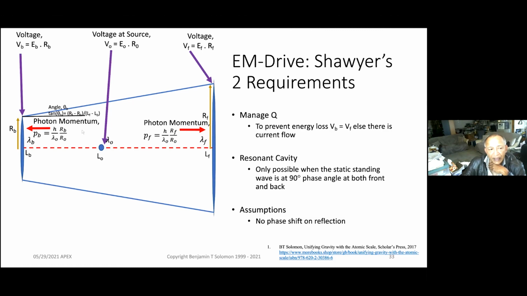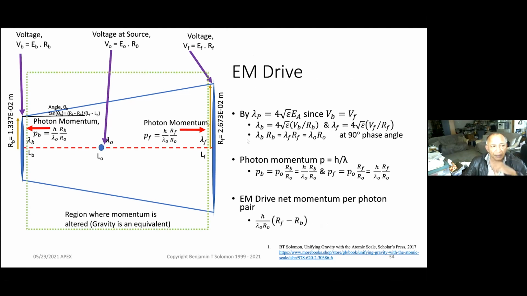F is the front end and B is the back end. That's a momentum. And then let me go to the next slide. There's a voltage at each, depending on the electric field of the photon at that point. Okay, so by this equation, lambda is equal to 4 root epsilon EA.